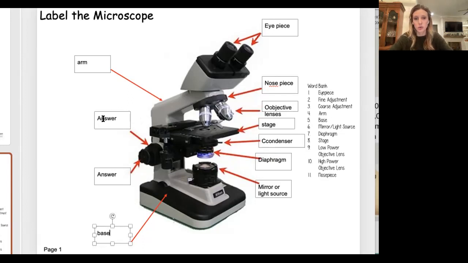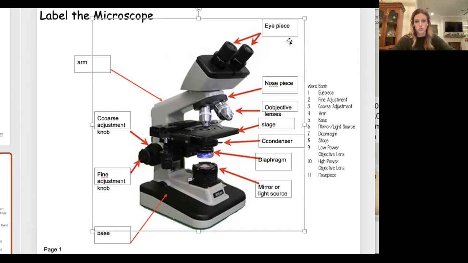This one's pointing to the inner one, so this is going to be your coarse adjustment knob, and this is going to be your fine adjustment knob. Okay, so that's page 1.